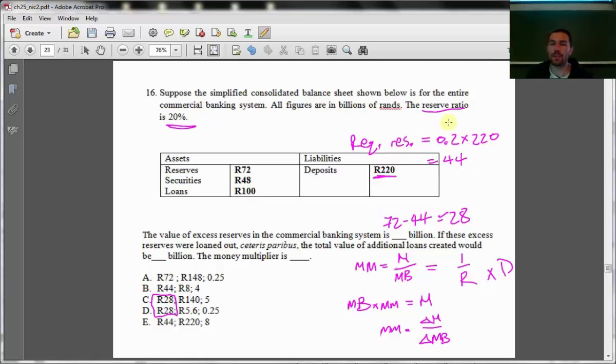So in this case, the required reserve ratio is 20%. 1 over 20% is 5. Okay? So your money multiplier would have been 5. And then the total value of additional loans is 5 times the amount that would be lent out, so the new deposits. Okay? 28 times 5, which is 140.